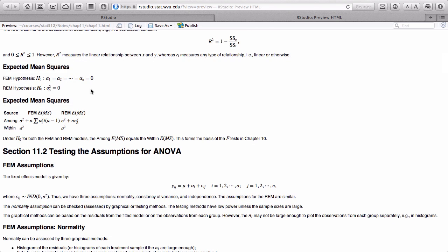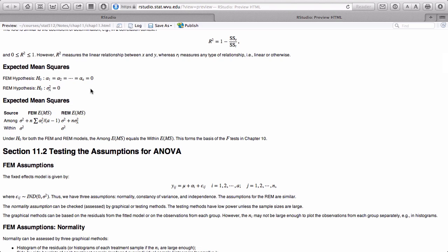So what are we interested in? I'm going to come back to the R code in a little bit, but what are we interested in? That should say hypotheses instead of expected mean squares twice.